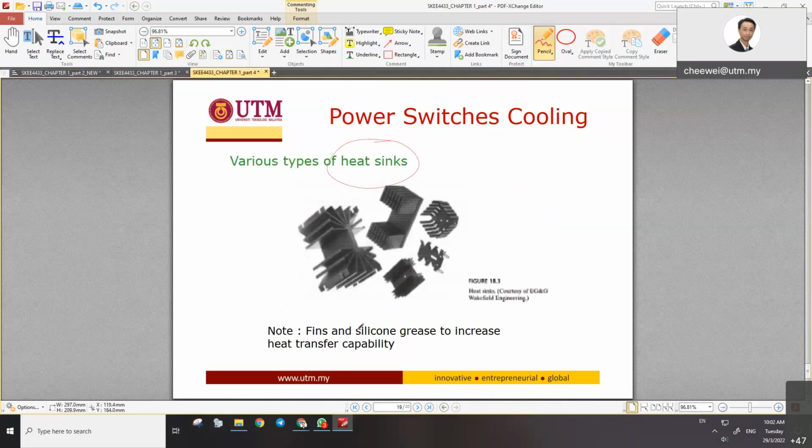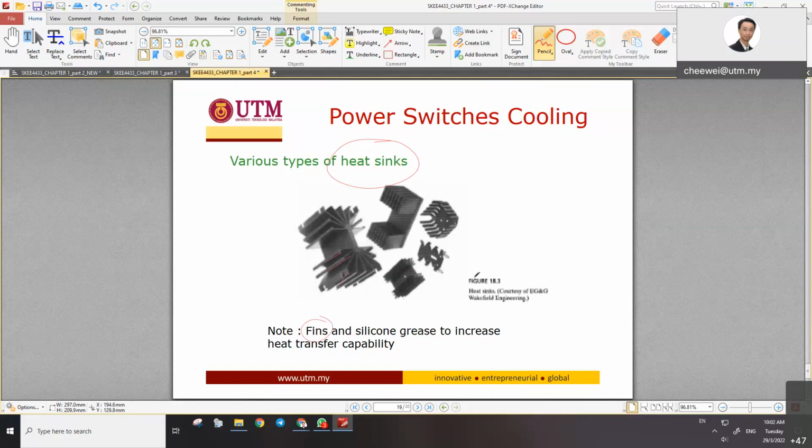No, it's called a heat sink. A heat sink is just a set of fins of conductors that helps to dissipate the heat faster to the environment. These are all the fins, and there are different types of fins that you can see.